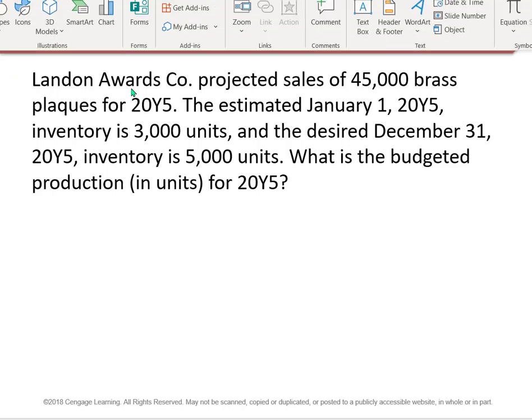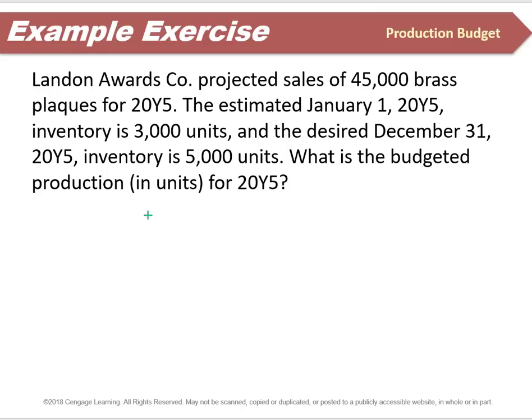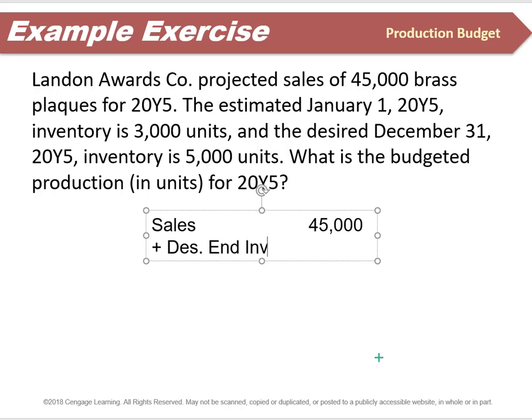Let's do our own here. We're going to start out with sales. Sales are 45,000. And then we're going to add desired ending inventory.